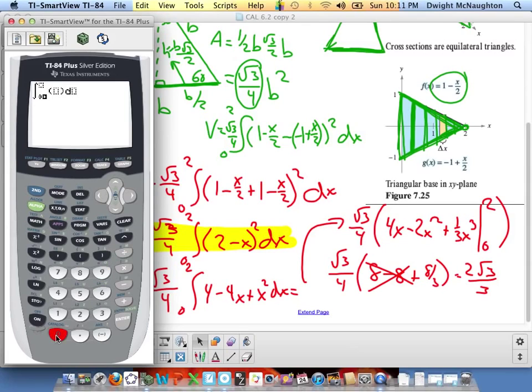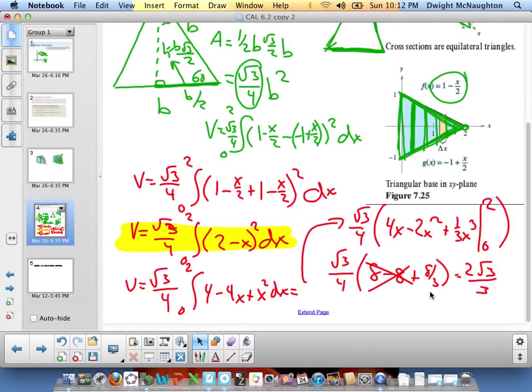From 0 to 2, 2 minus x squared with respect to x. I get 2.66667, which is 8/3. And I'll just multiply that by square root of 3 over 4. As you can see, I got 8/3 right there.